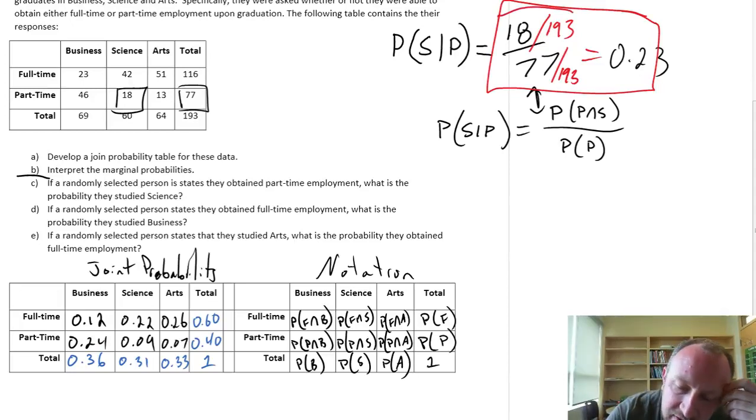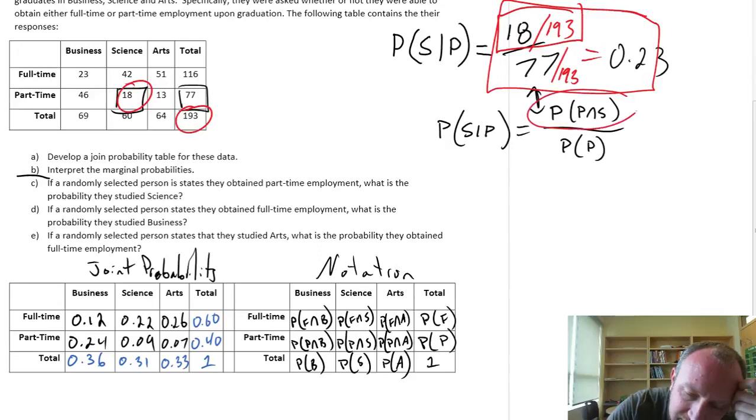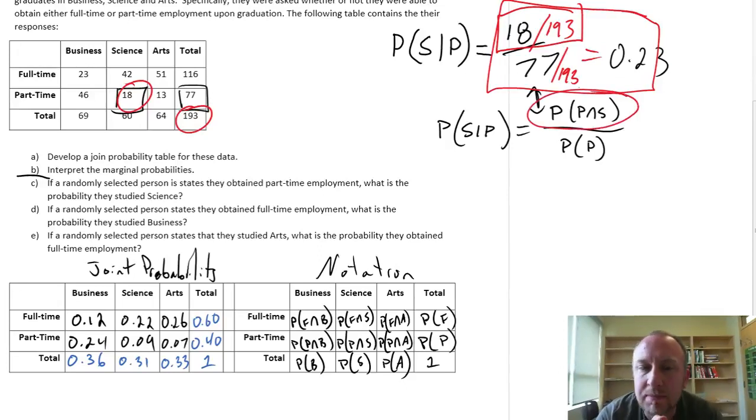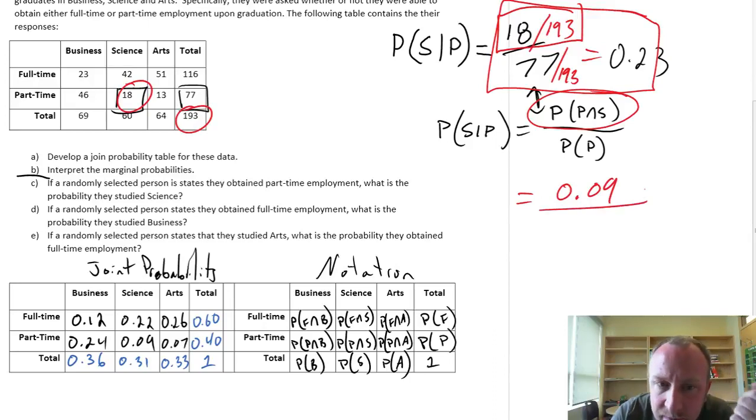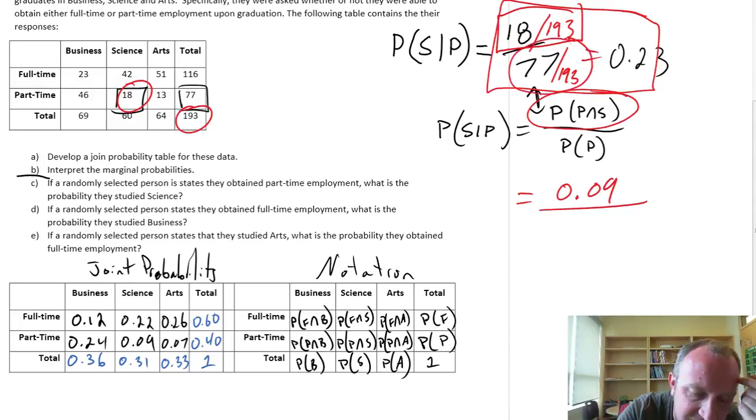But 18 divided by 193 is how we obtained that joint probability, in this case the intersection between part-time and science. So if we were to apply that formula, that intersection was 0.09. And then what's the probability of being part-time? Well, that's 77 divided by 193. Here that was 0.4.